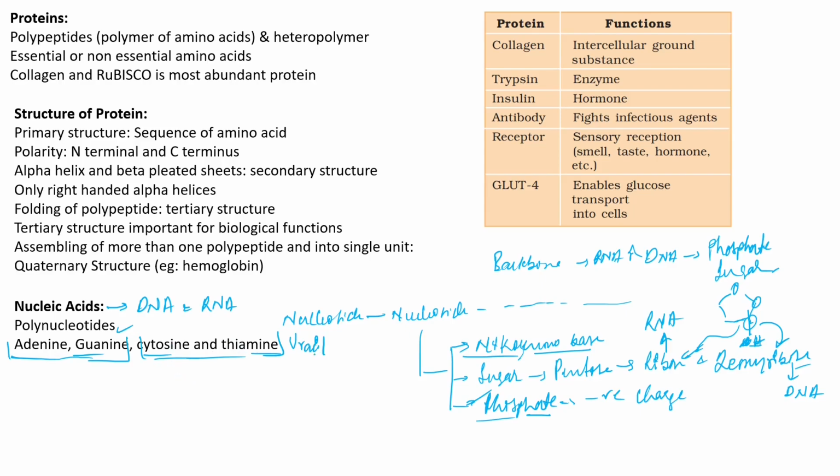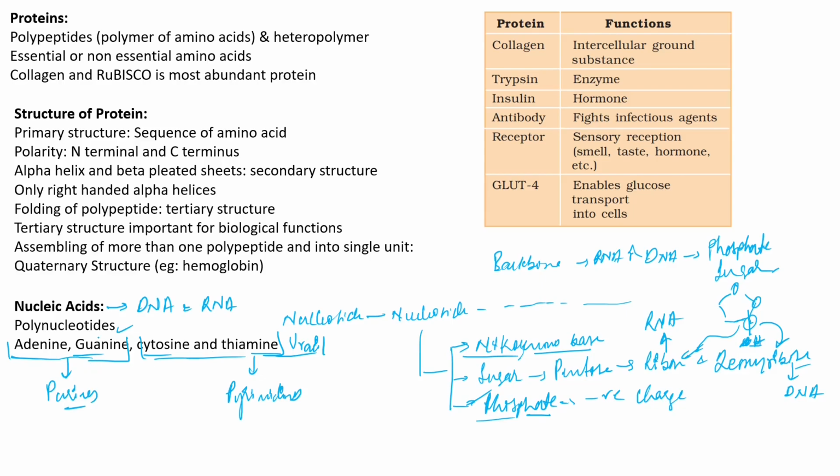Cytosine, thymine, and uracil are called pyrimidines, but adenine and guanine are called purines.